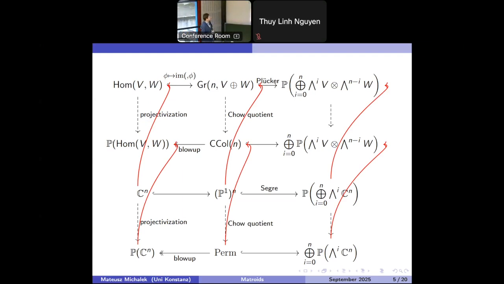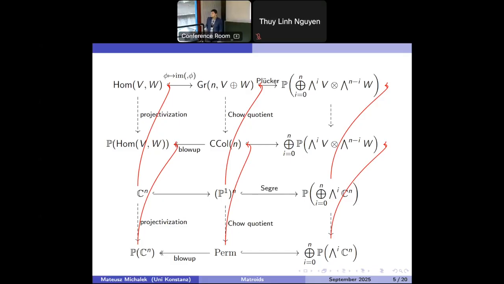So notice that if you happen in your space of n by n matrices to take the diagonal matrices, it is a subspace of n by n matrices, then the generalized Schubert variety will be simply P1 to the n. So this lower part is an instance of a generalized Schubert variety, where your space of matrices happens to be the diagonal space of matrices.